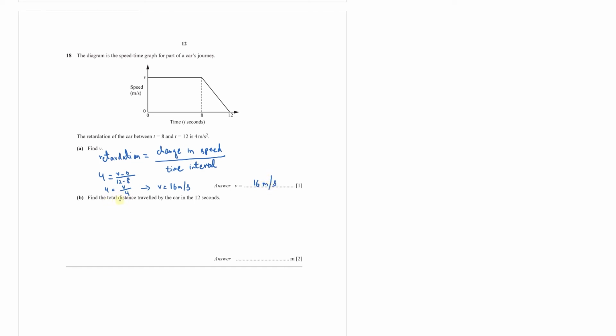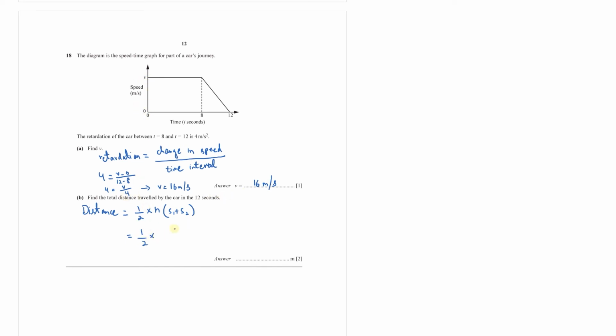Part B is find the total distance traveled by the car in the 12 seconds. So for a speed time graph, the distance is given by the area under the graph. So this is a trapezium. So your distance would be equal to the area of this trapezium, which is 1 by 2 into height into side 1 plus side 2, which are the two parallel sides. So 1 by 2 into height, which is given by v here.